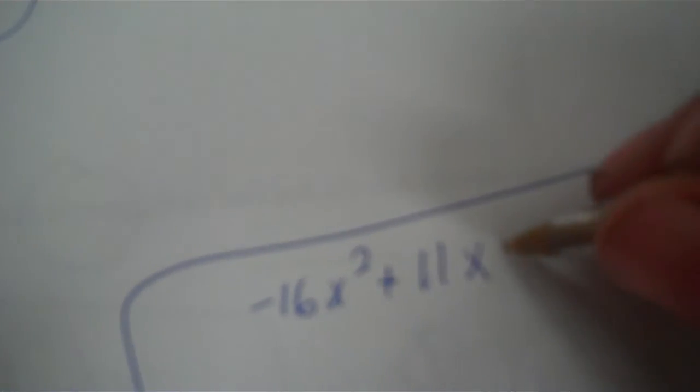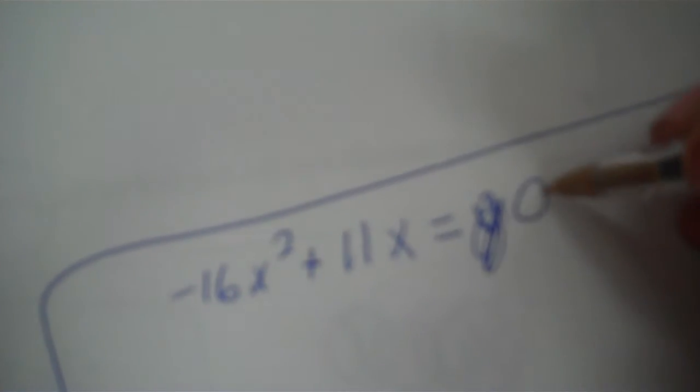Gravity, -16, x to the second power, velocity 11, x, equals y. We put the 0 feet in for the y. So there's two answers.